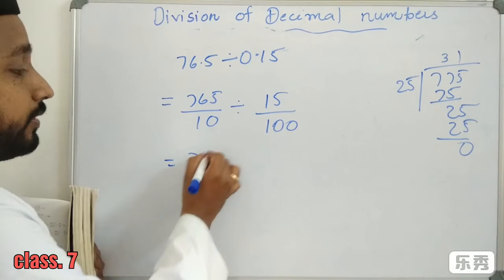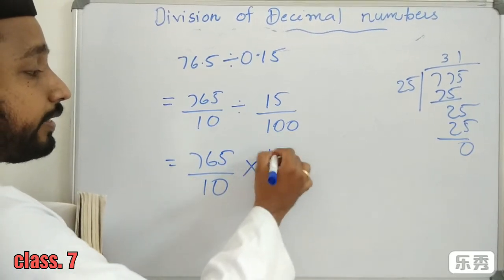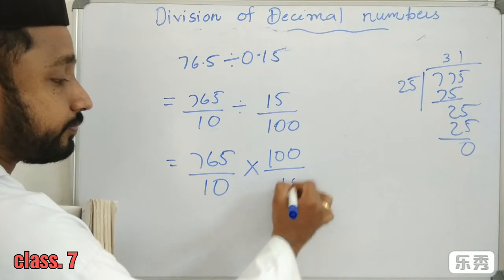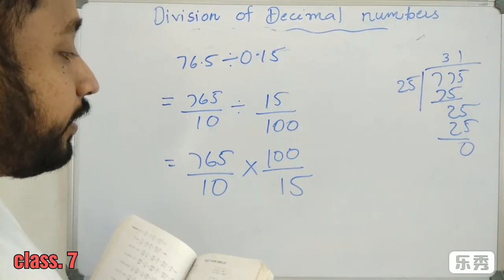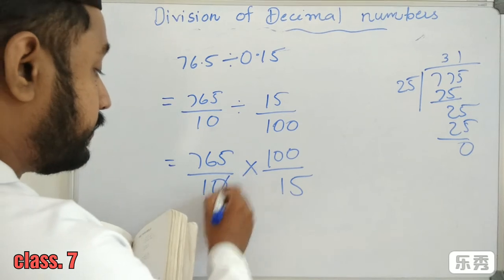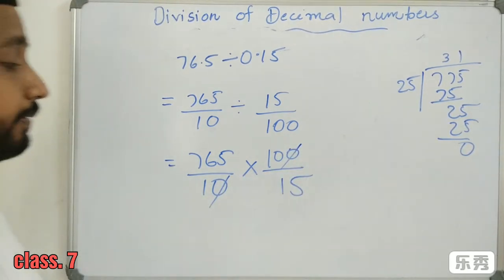which is equal to 765 by 10 into 100 by 15. So we can cut this 0 and 0. Then 765 by 15.